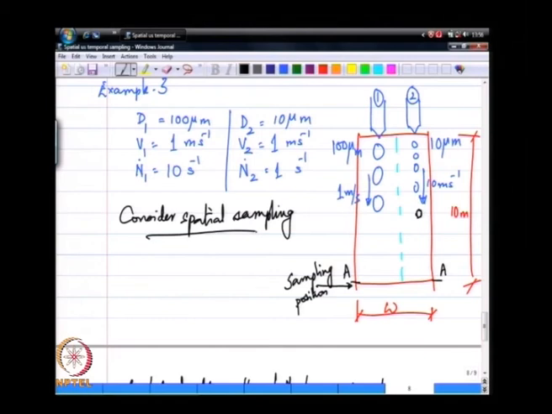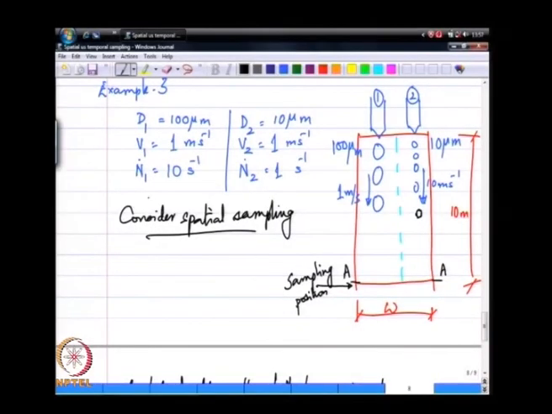If I am sampling over a 10 meter long domain, the rest of the performance characteristics are the same. I am producing 1 drop every second, and I have 10 drops of N1 dot being produced. So, essentially I have 10 drops that are 10 microns in size, and 10 drops that are 100 microns.